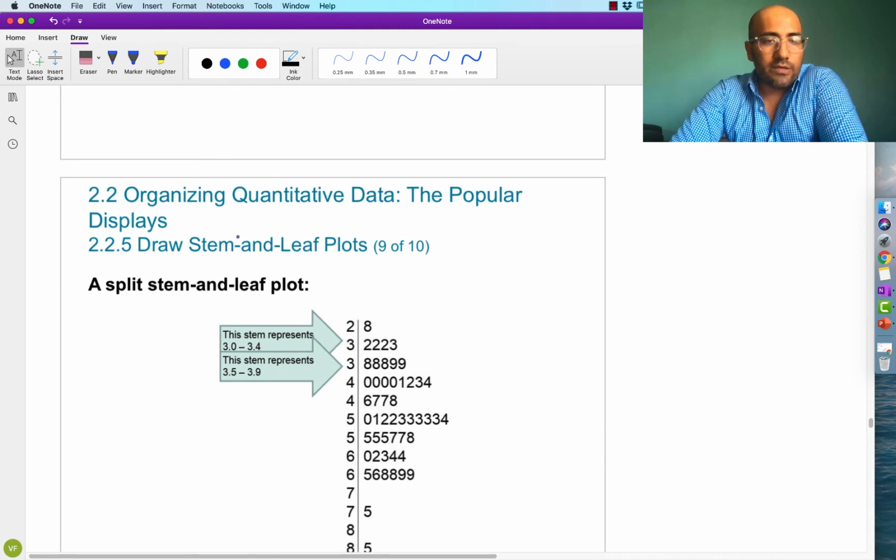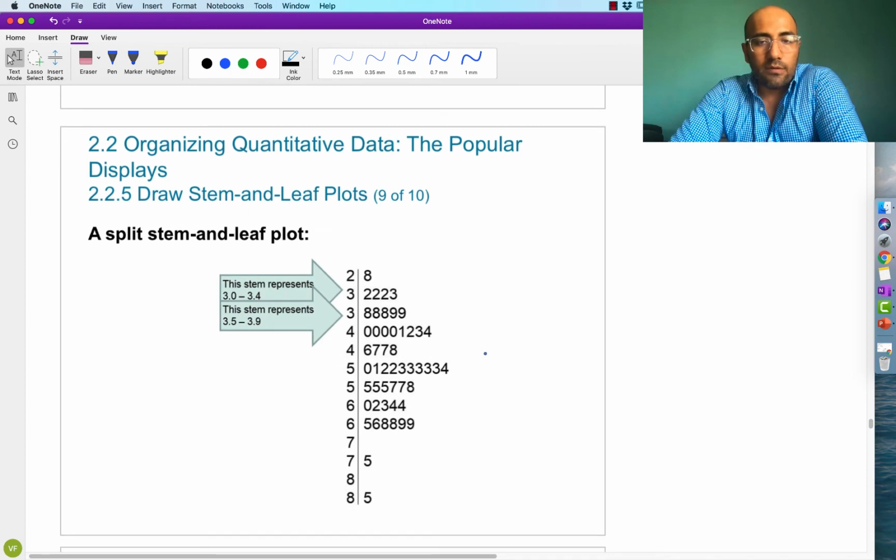All right, so here is a split one. So instead of just having the 20s, the 30s, the 40s, what we could do is separate them so that maybe we go from 0 through 4 on one of them, and then 5 through 9 on the other one, so we can separate them a little bit more.